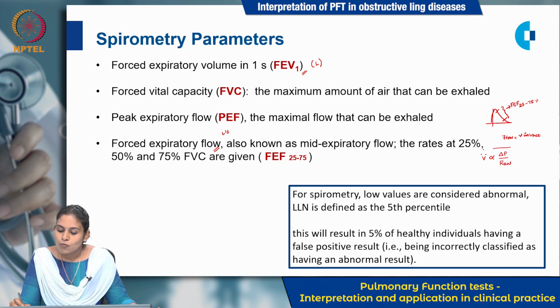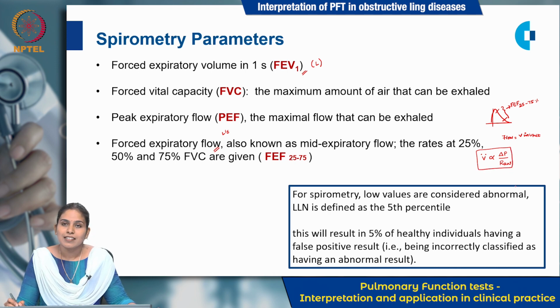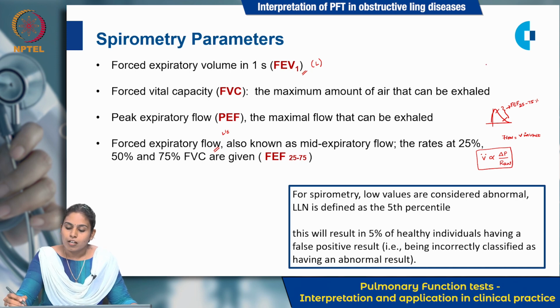Please remember this formula, because we are going to apply it in the subsequent slides. So recall, flow is the volume expressed per unit time, so your unit will be liters per second and your volumes will be expressed in liters.